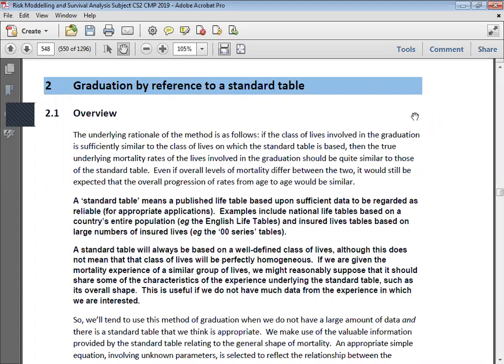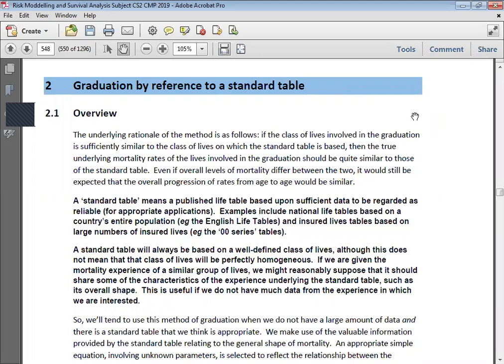So why go through the whole technique of trying to find a formula and then fitting it again, because that has already been done for you in a standard table, right? They've already fitted a formula and they have already produced rates. So sometimes you can do a graduation just by referring to a standard table.